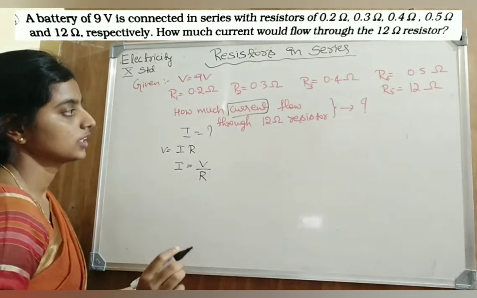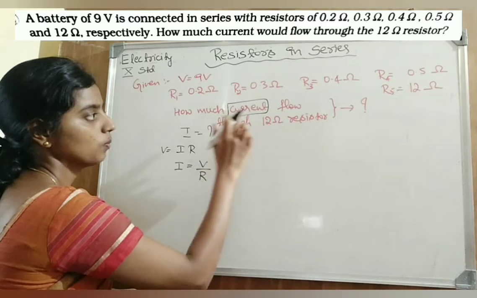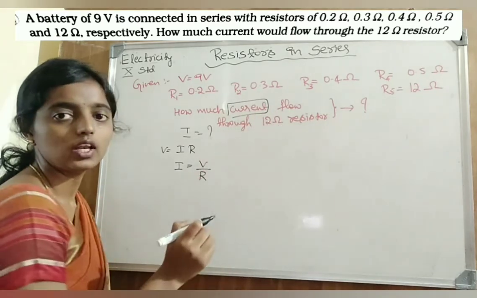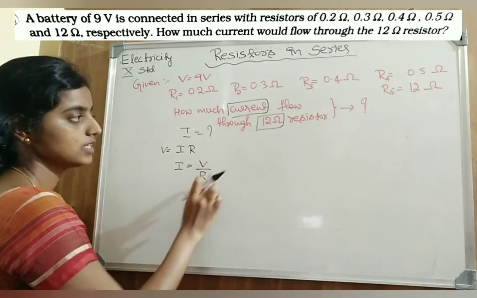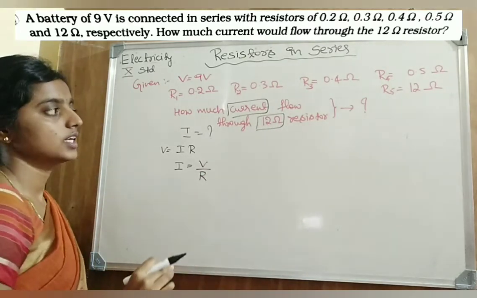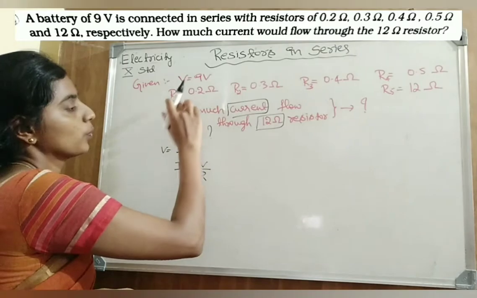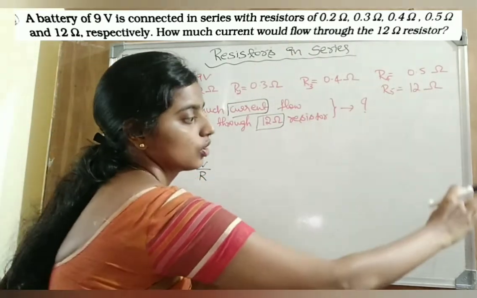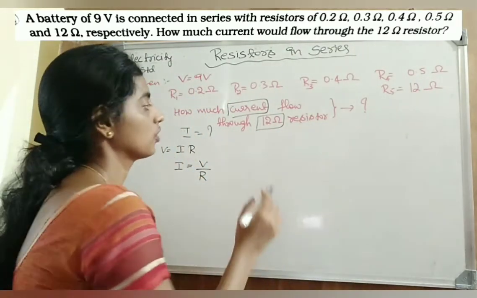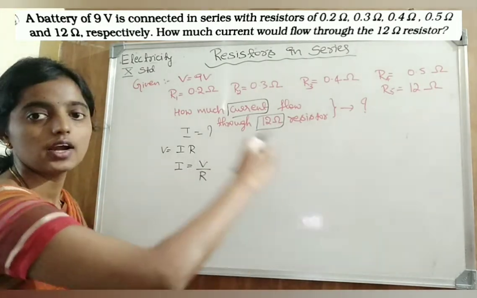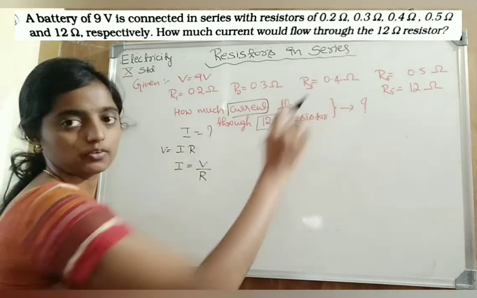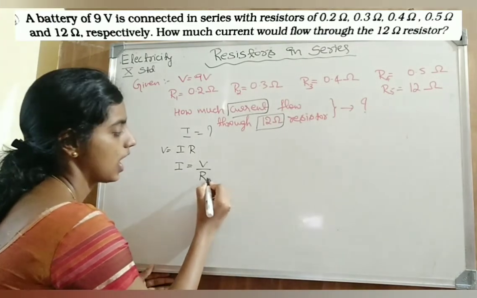Look at the question. They mentioned how much current flows through the 12 ohm resistor. Keep in mind, you can't take R as just 12 ohm. In series, current flows from R1 to R5, then it goes on through the circuit. Therefore, instead of taking just 12 ohm, we need to take the sum of all the resistor values. Therefore, calculate RS.